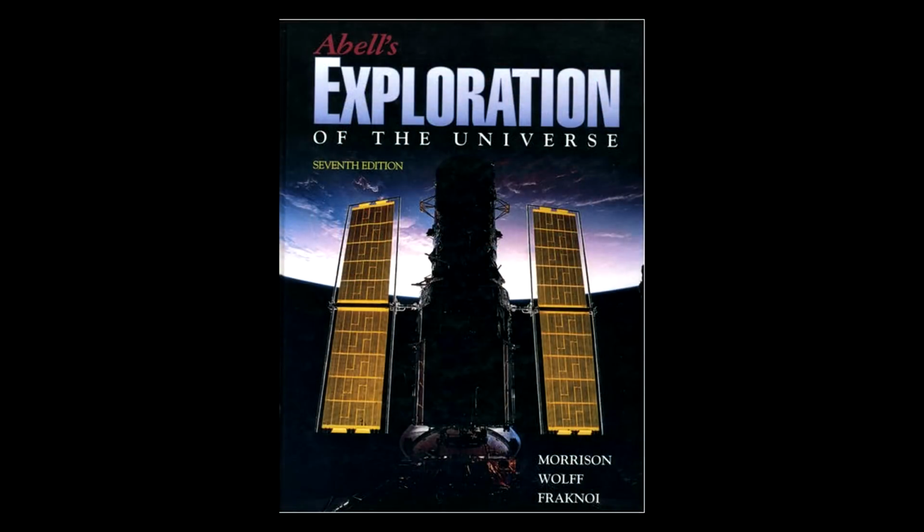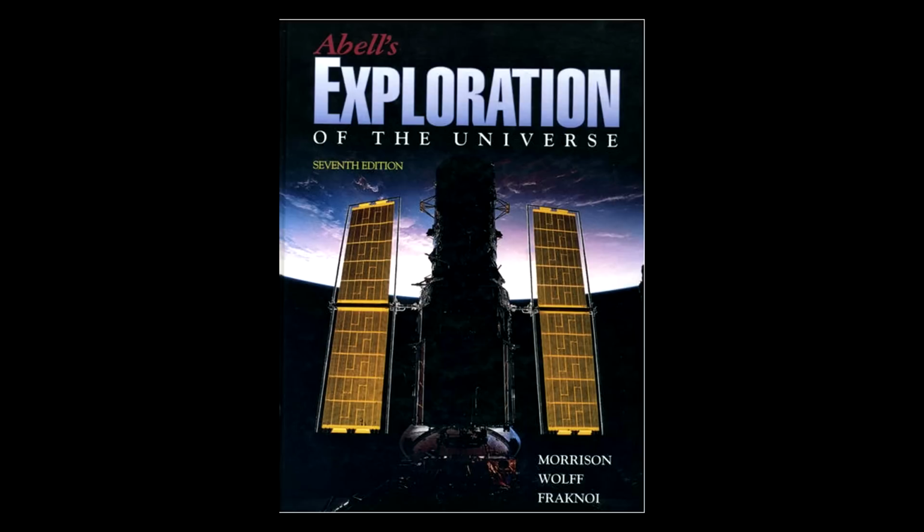The second book was George Abell's second edition of Exploration of the Universe, published in 1969. This was my lower division astronomy textbook. I'm glad I saved it all these years. I use this book for all the fundamental information about parallax, the solar system, stars, nebula, galaxies, etc. You may recognize the name Abell. George Abell was the astronomer who cataloged all the galaxy clusters we examined in our sections on the Virgo supercluster and the local superclusters.